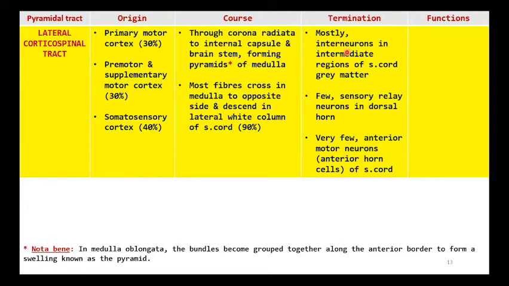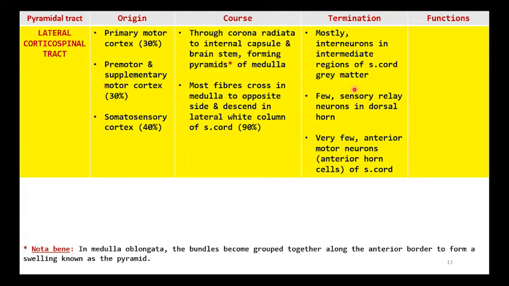So most of the fibers synapse with the interneurons in the intermediate gray matter. Some of the fibers synapse in the dorsal horn neurons, and the remaining fibers synapse in the anterior horn cells of the spinal cord. So these are the sites for termination.